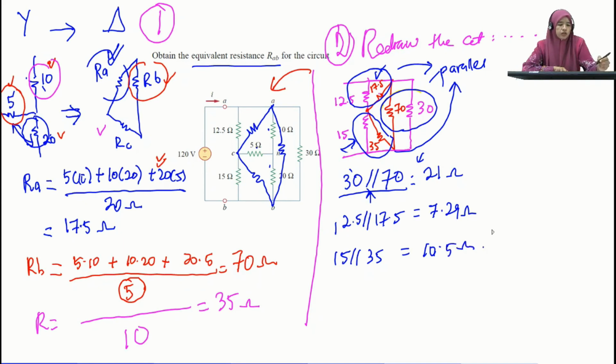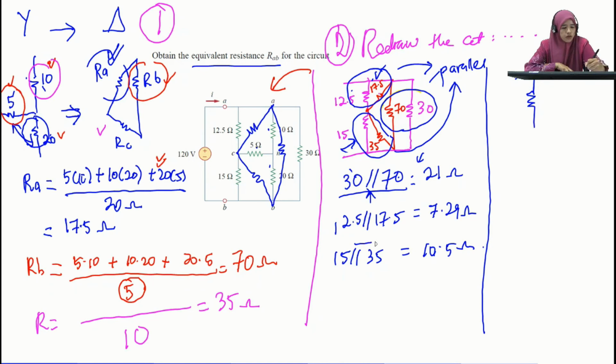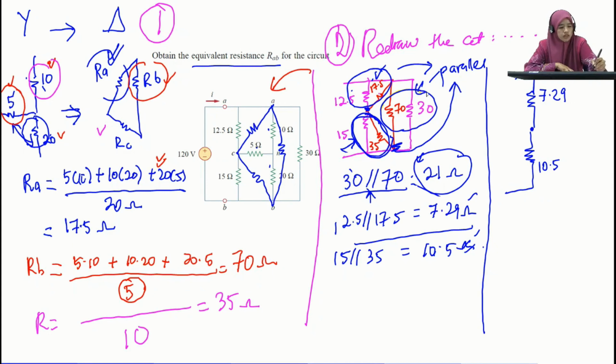To make it simpler, you can redraw the circuit again, and 12.5 and 17.5 will become one resistor, with the value 7.29, and you have this node over here. These two resistors will become one simple resistor with the value 10.5, and what is left is 21, which is this resistor, they are in parallel here.